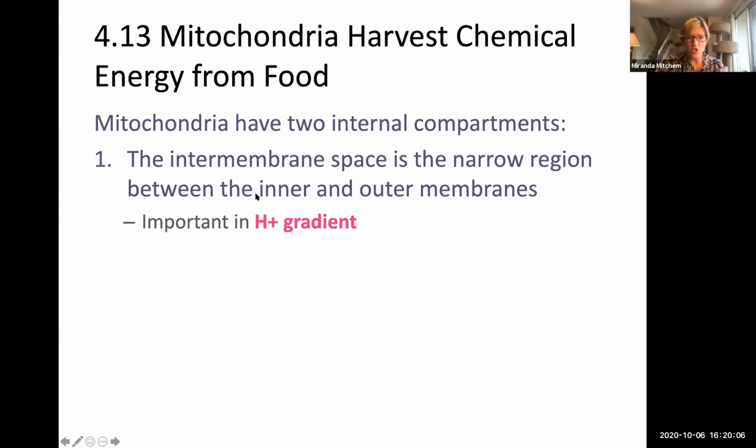And this functionally is a really important location because it is where the proton gradient is generated. We will learn about that when we move into our chapter on cellular respiration. But since we're learning about the different structures, I wanted to just mention the function of the structure.